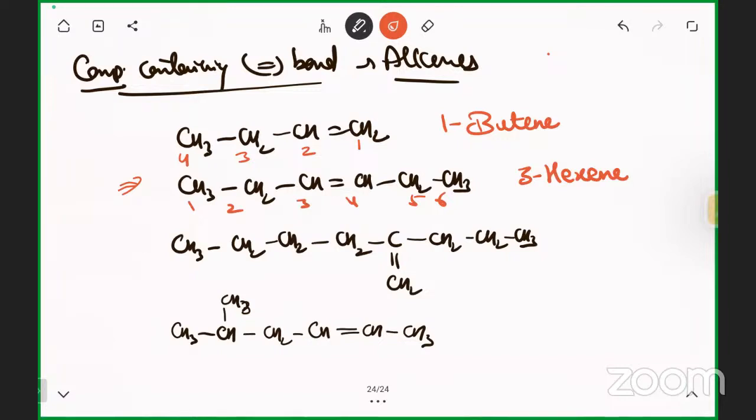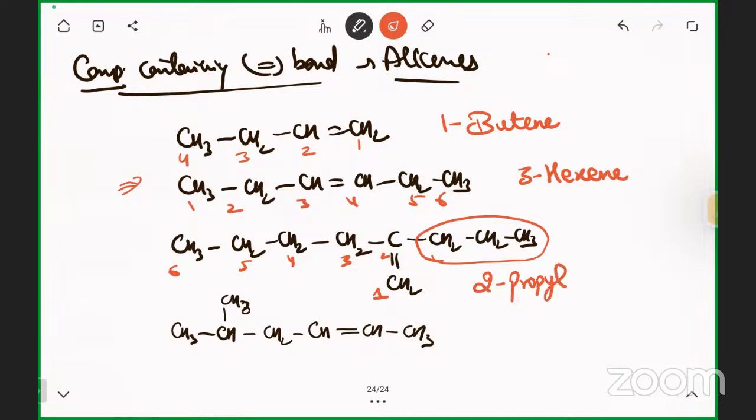Okay, what about this compound? How will you do the numbering? We'll start numbering from the place from where the double bond is nearer. So it will be 1, 2, 3, 4, 5, 6. And this will be considered as a side chain. On the second position, a side chain is present. The number of carbons in the side chain is 3, so we'll use prop, and at the end of a side chain we use yl: propyl.